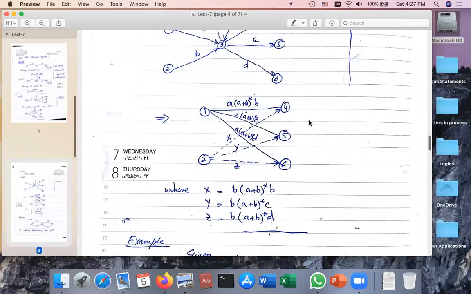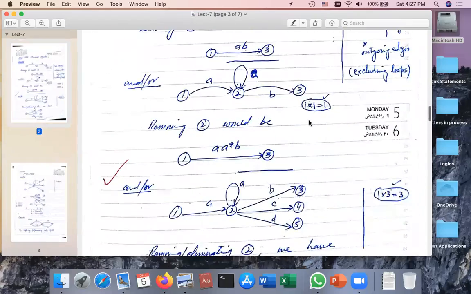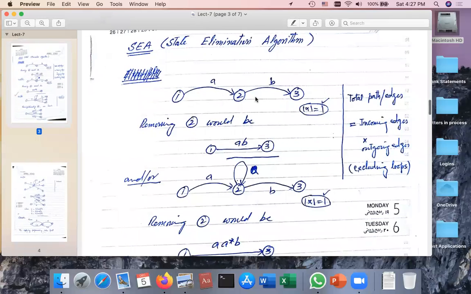So I want to give you a clear concept, so that's why I didn't mention these things here. If there is an initial state and final state, then we have to look for the pre-processing rules first, and then we can reach this state elimination algorithm after the application of the processing rules.